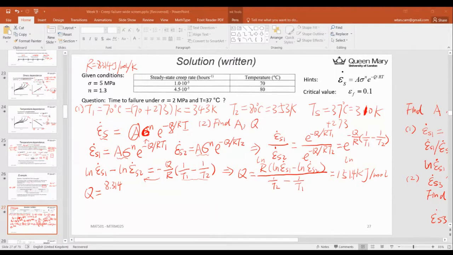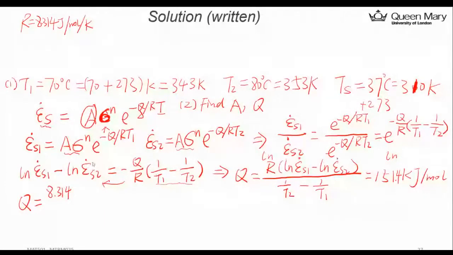Just to answer your question, because there is a minus sign on the right of the equation here. Let me go back to the slides. You can see, yeah, there's a minus sign here, so I said I need to switch the sign. So that's the way I get that.